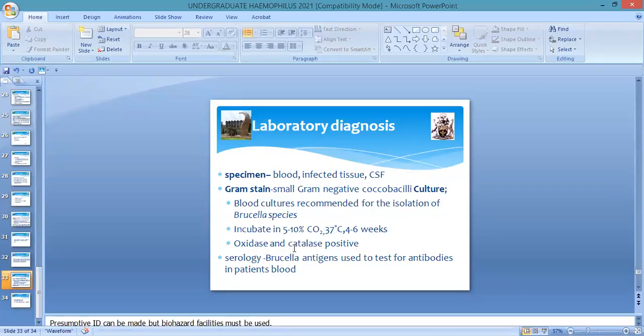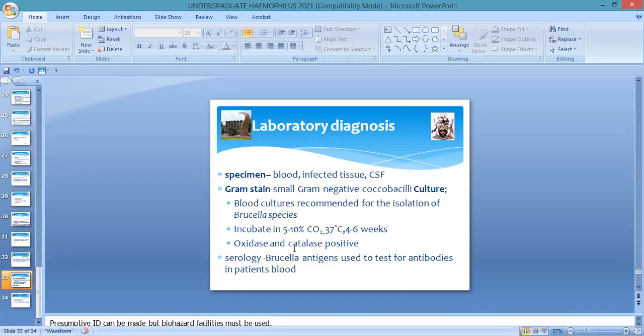In terms of laboratory diagnosis of brucellosis, the specimen of interest here would be blood from an infected individual. You can also use infected tissue or even CSF, but most diagnostic labs would just use blood. What we usually do with blood is put it in a blood culture bottle.